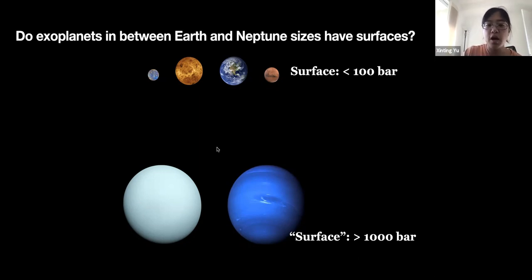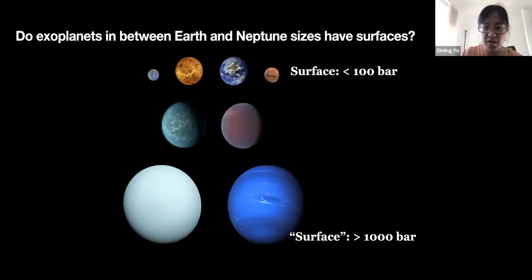We have many exoplanets with sizes in between the terrestrial planets and the ice giants, and we're wondering where their surfaces are located.